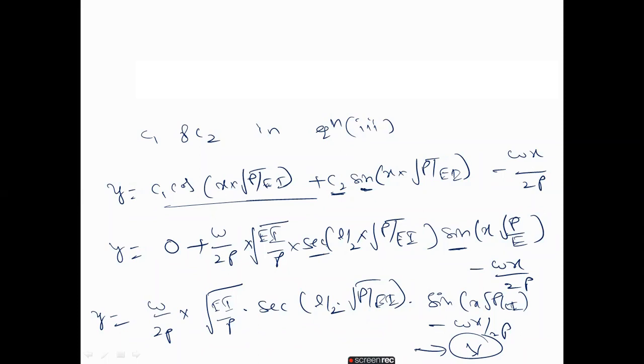Now let us find the maximum deflection, maximum bending moment and maximum stress induced here. From this data, we will calculate the maximum deflection. We already know the deflection is maximum at the center, everyone knows that. So at that time x equal to L by 2.